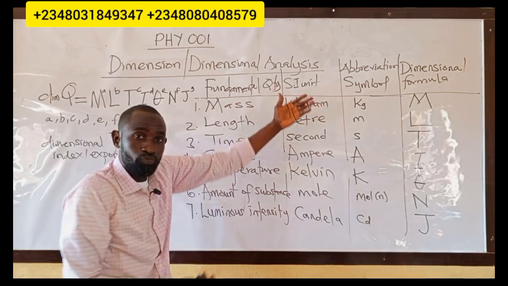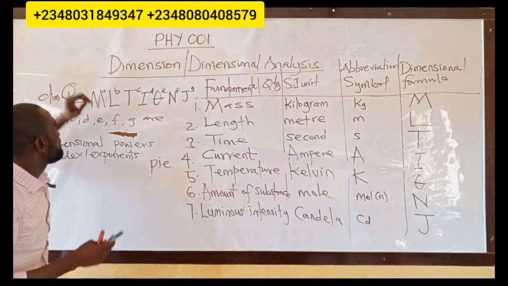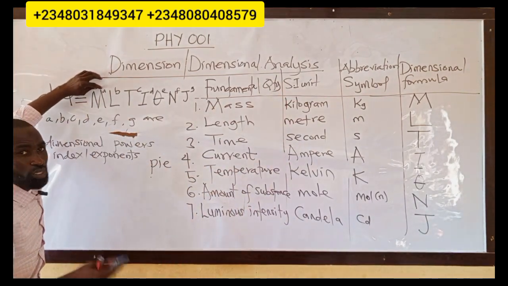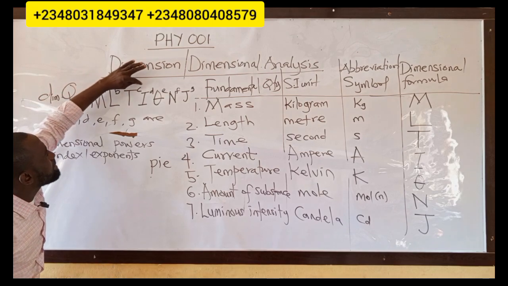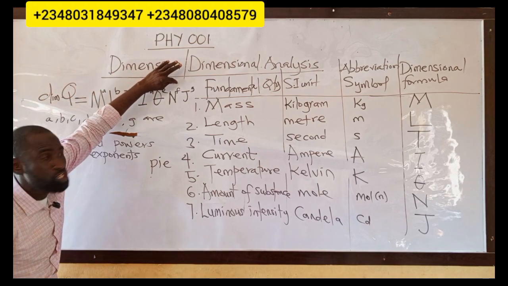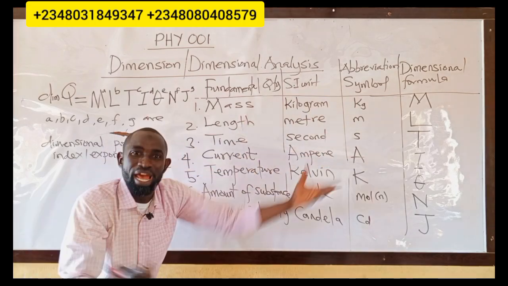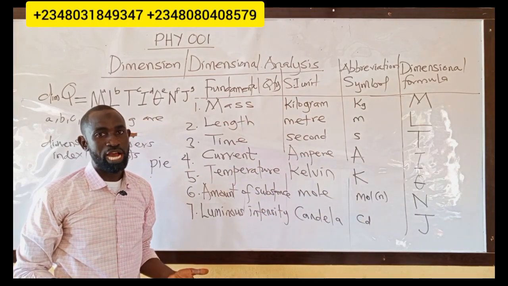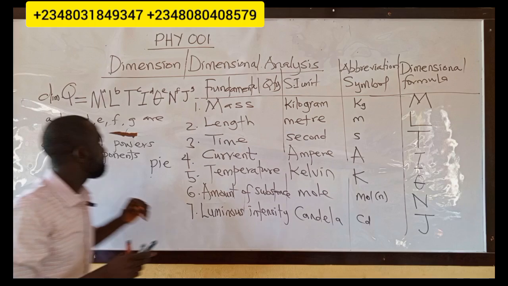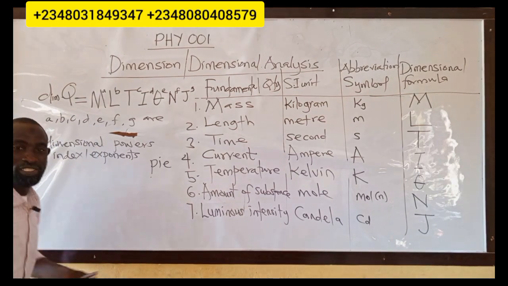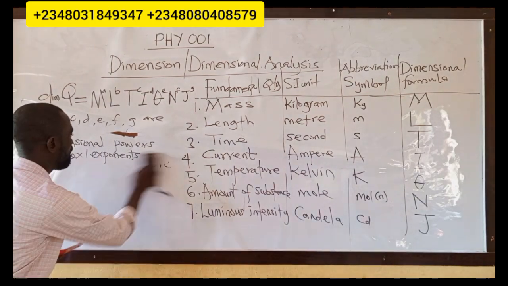So let us define dimension now. Based on what I've explained, what is dimension? Dimensions of a physical quantity are the powers to which the unit can be expressed to represent the physical quantity. Are you with me? I recap. The powers. So when they say what is dimension? Let's define dimension.